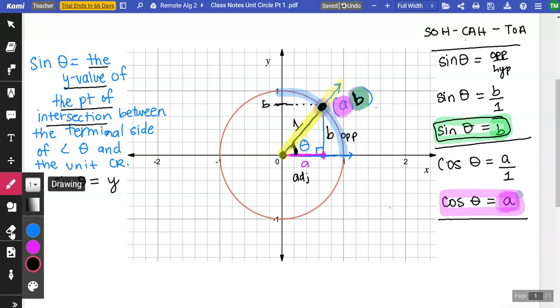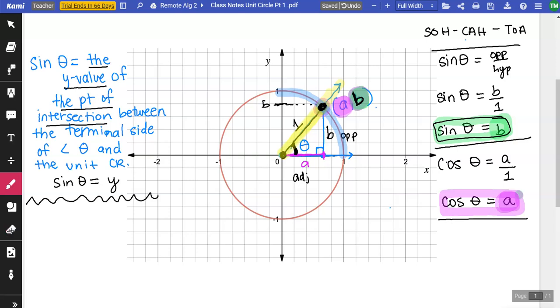So let's go ahead and do our definition of the cosine of theta as well. So the cosine of theta is equal to A, and A was the x value of our point of intersection. So instead of the y value, it's the x value.